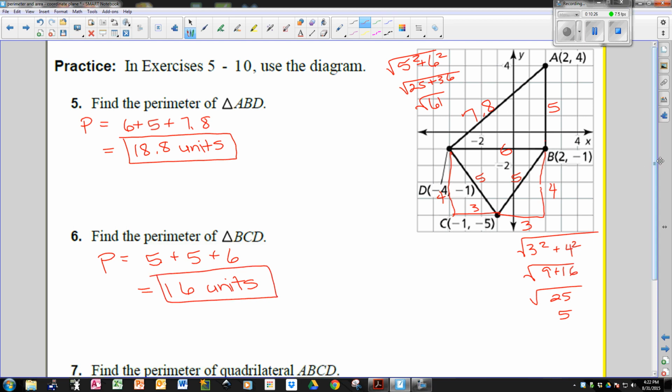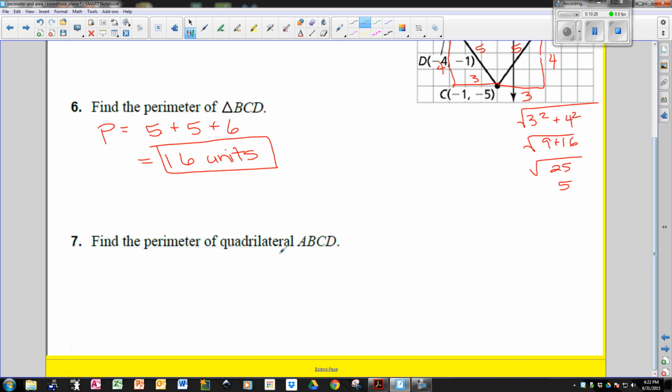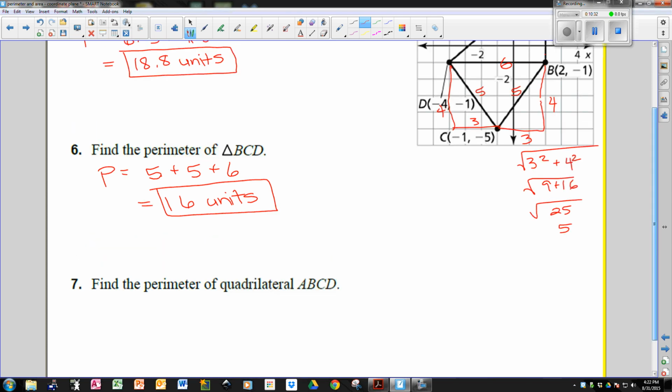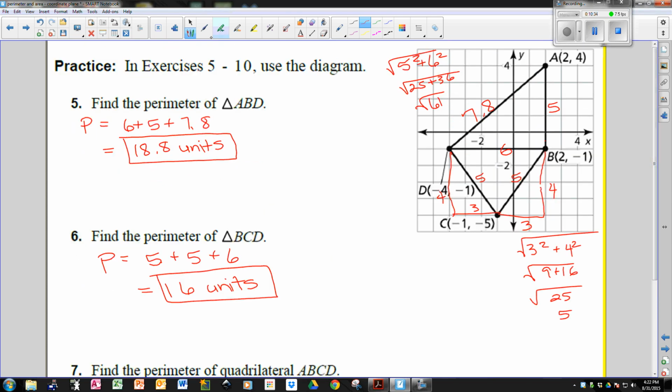Okay, so now let's look. It says find the perimeter of quadrilateral ABCD. So what they actually want now is the perimeter of the whole thing, A to B to C to D. So that is going to be 5, 5, 5, and 7.8.